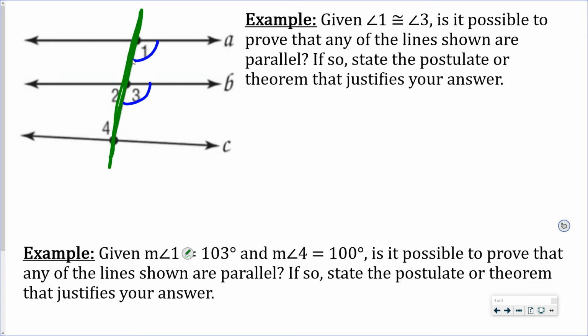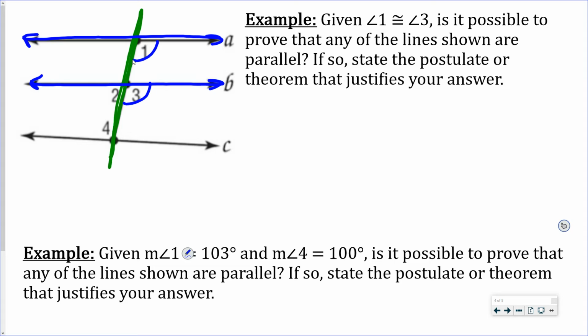There's my transversal. So obviously, angle 1 is made up of the transversal and line A. Angle 3 is made up of the transversal and line B. Okay, so we're trying to prove A and B are parallel. So if I know that these are congruent, what's the relationship between angles 1 and 3? Ben? Corresponding.